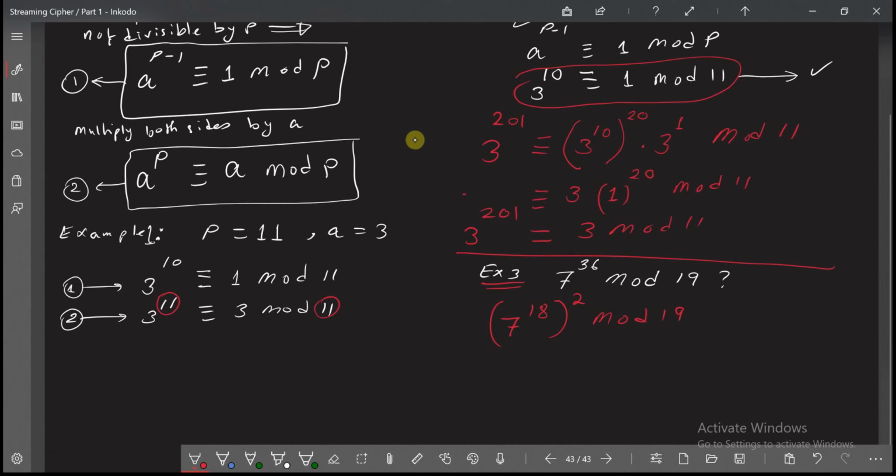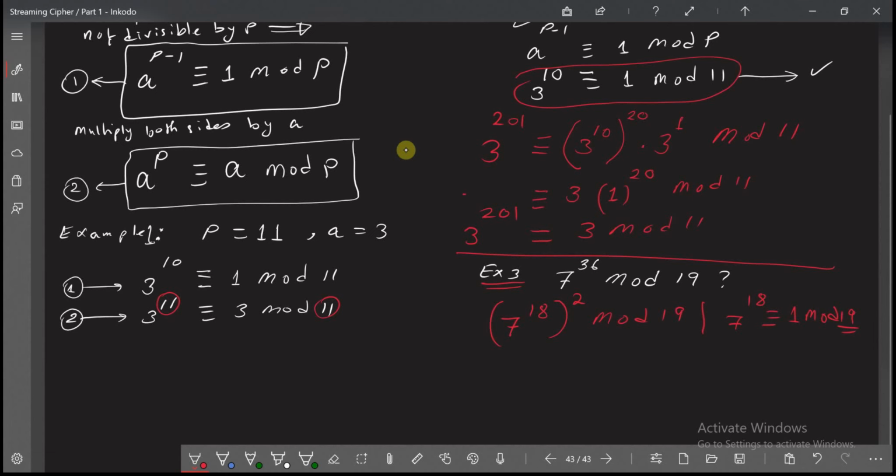Now we can try to capitalize on Fermat's theorem. Fermat's theorem says that 7 doesn't divide 19, and 19 is a prime number, so 7 to the power 18 is equal to 1 mod 19. Since 19 is a prime number, this is p minus 1, this is Fermat's theorem.